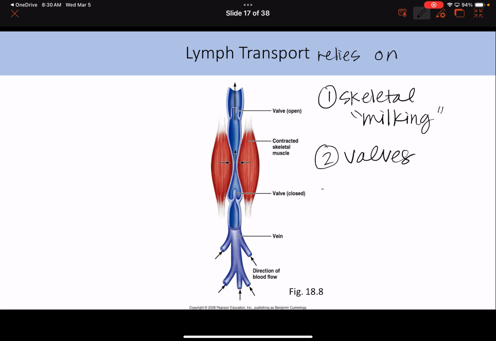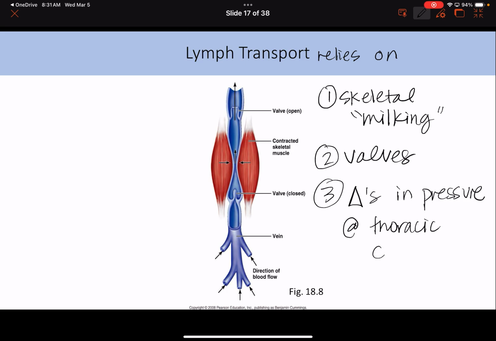And then also, just like veins, it also relies on changes in pressure at the thoracic cavity. So as you breathe in and out, and as your rib cage opens up and goes back, you're experiencing changes in pressure, which can make like a mini vacuum inside of your chest.